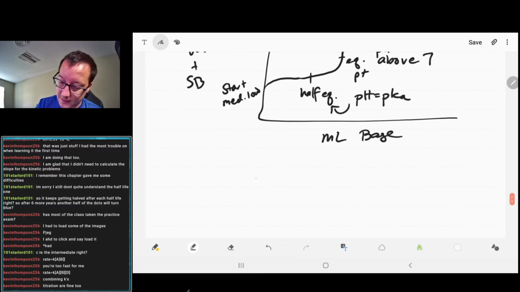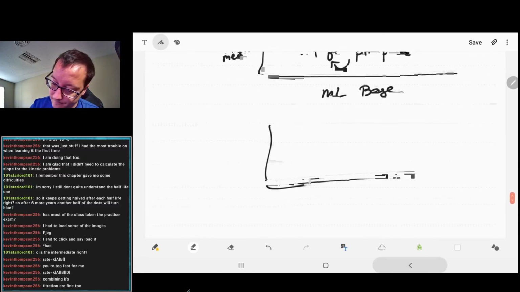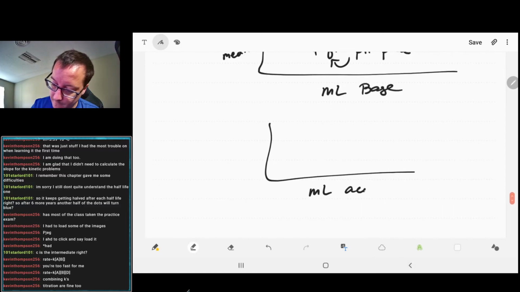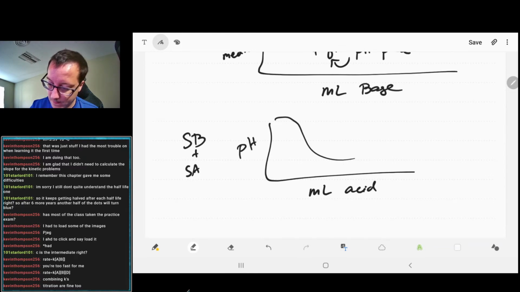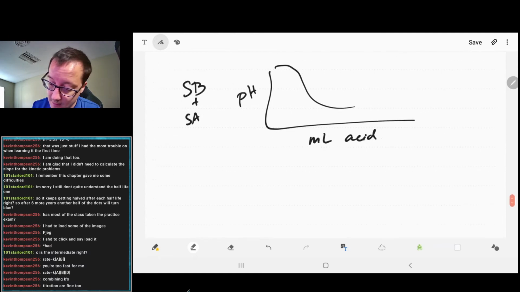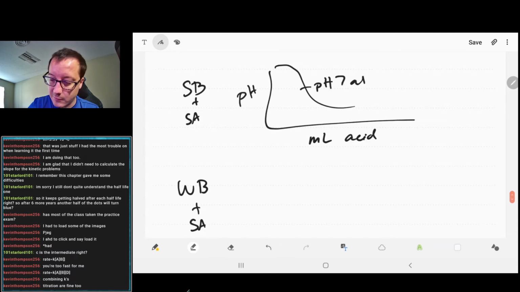If we flip things around and use acid now, boring, no one cares. Weak base though, notice we still have pH 7 at equivalence point, or very close to 7.